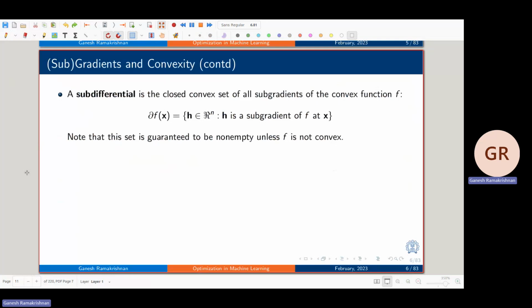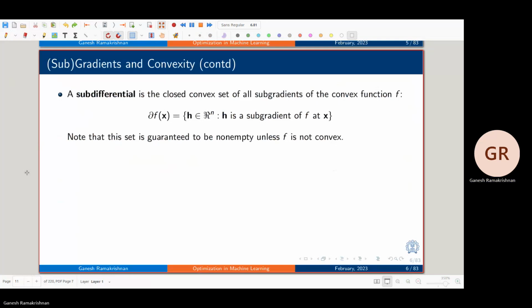The subdifferential is denoted by partial f, the set. As I said, if the domain is open and the function is convex, the function will be continuous.